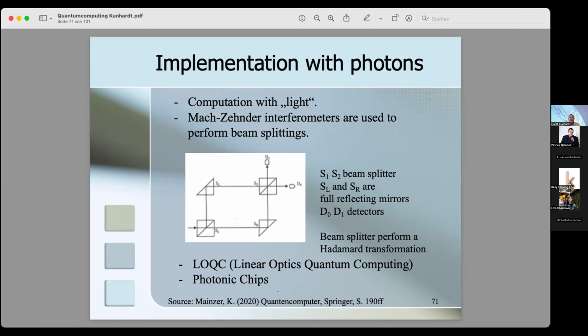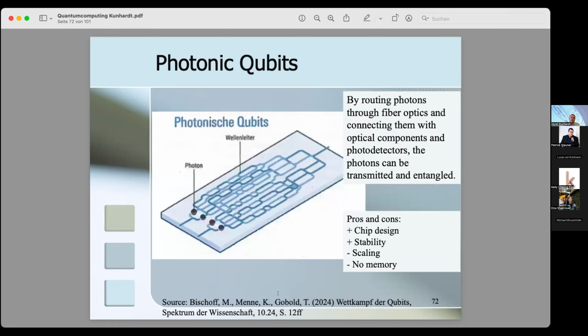Therefore, a Mach-Zehnder interferometer is one of the physical bases for how to implement a Hadamard gate. Patrick Klauner will teach you a lot on the implementation and the use of the Hadamard gate. This kind of technology is called linear optics quantum computing. Sometimes you will read about photonic chips.